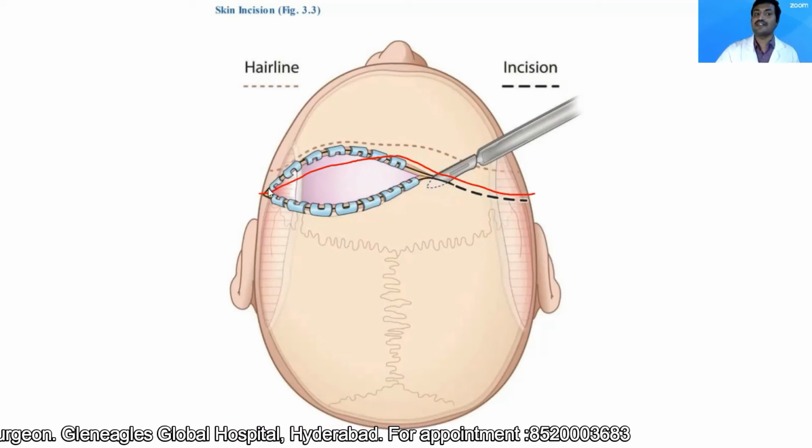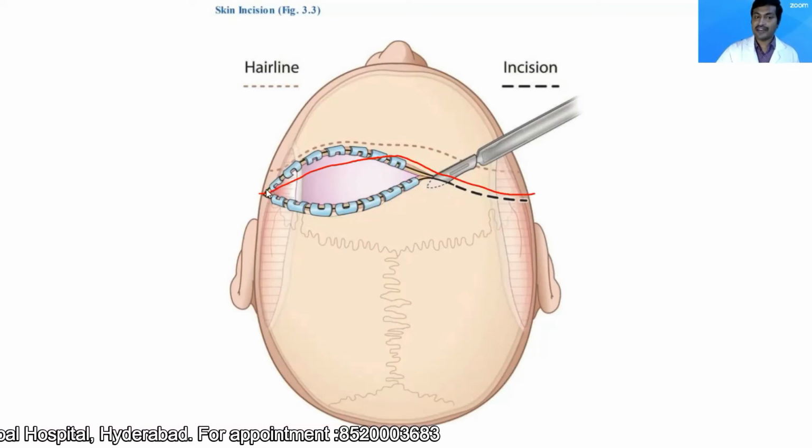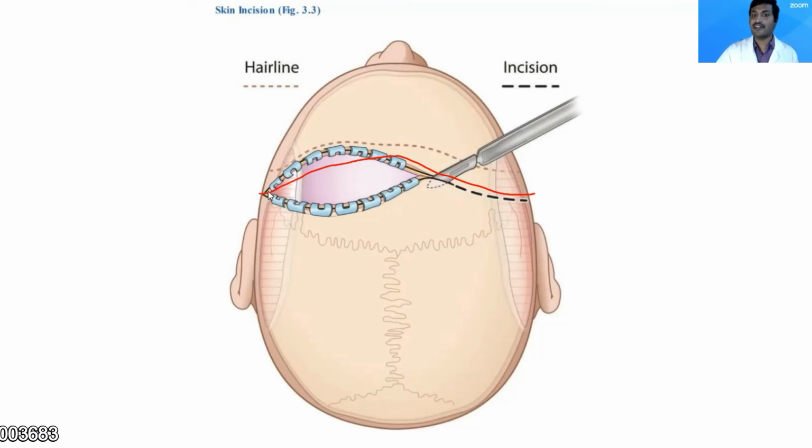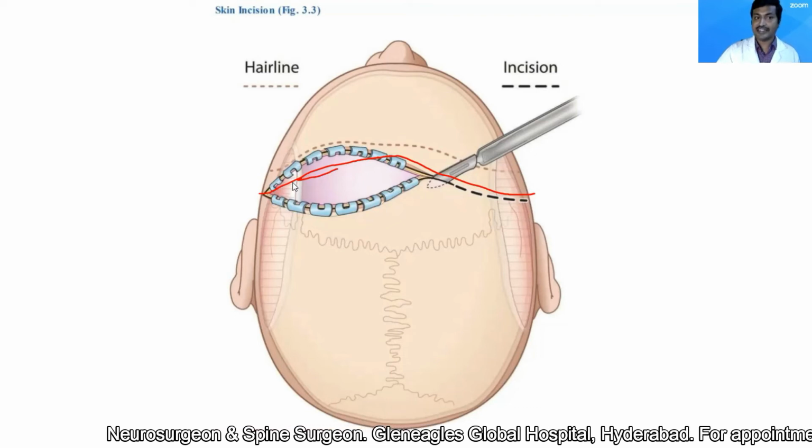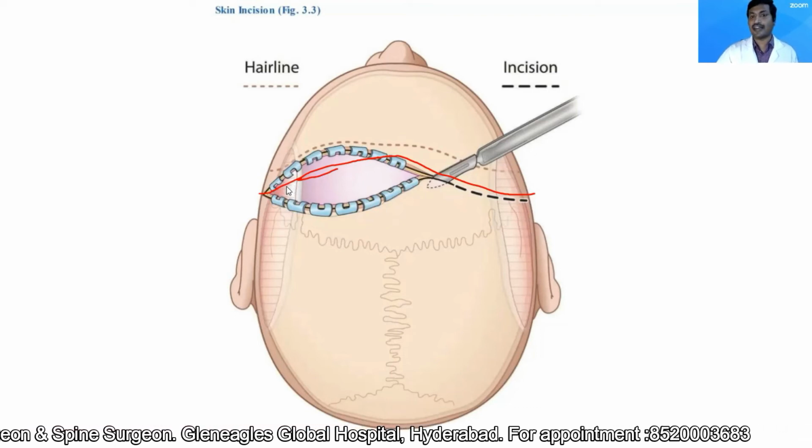I use a number 15 surgical blade to incise the skin up to the level of the pericranium above the superior temporal line, and below the superior temporal line, I take the incision down up to the level of the temporalis fascia.